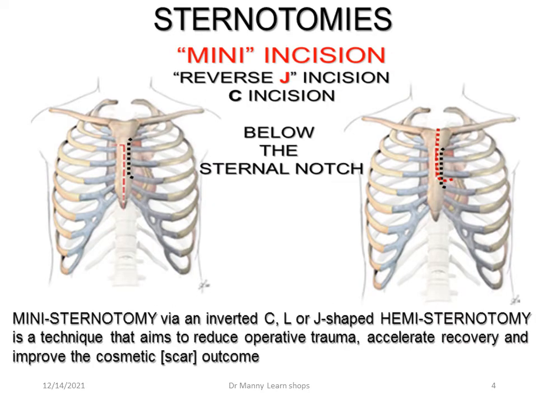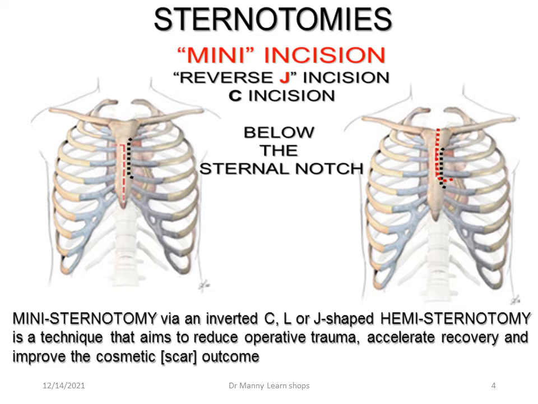You can also have mini incisions depending on the operation, and a lot of people are electing for mini incisions these days, keyhole surgery, faster healing, less trauma. With a mini incision, it typically has a reverse J incision or a C incision, or sometimes even a reverse or inverted L incision.